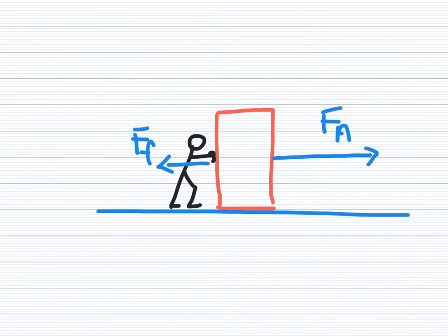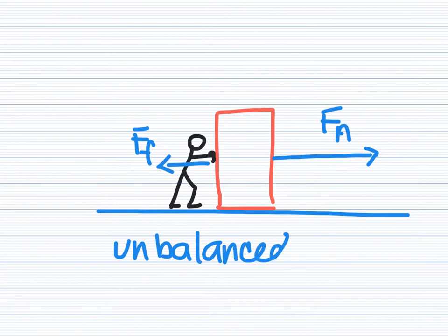And so the applied force is going to cancel out the frictional force, and because the applied force is more, the object will begin to move in the direction of the net force. So in this case, the refrigerator is going to start moving to the right because the applied force is unbalancing the frictional force. So when we have unbalanced forces, we get changes in motion. Now the refrigerator will begin to move.